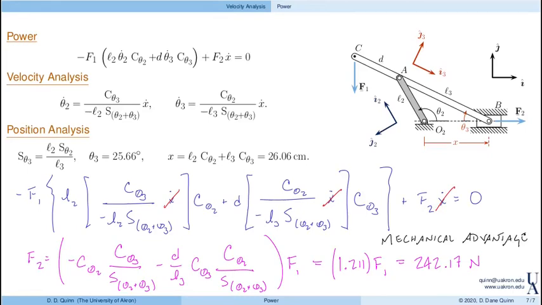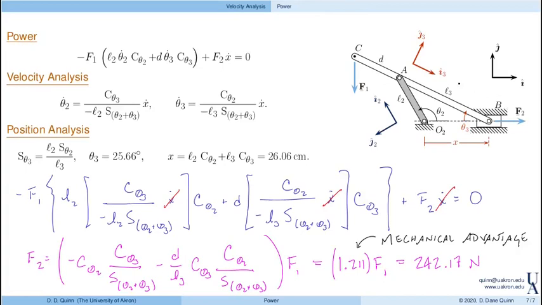It's the ratio of the input and output quantities. If the mechanical advantage is greater than 1, as it is in this case, the output force is greater than the input force.